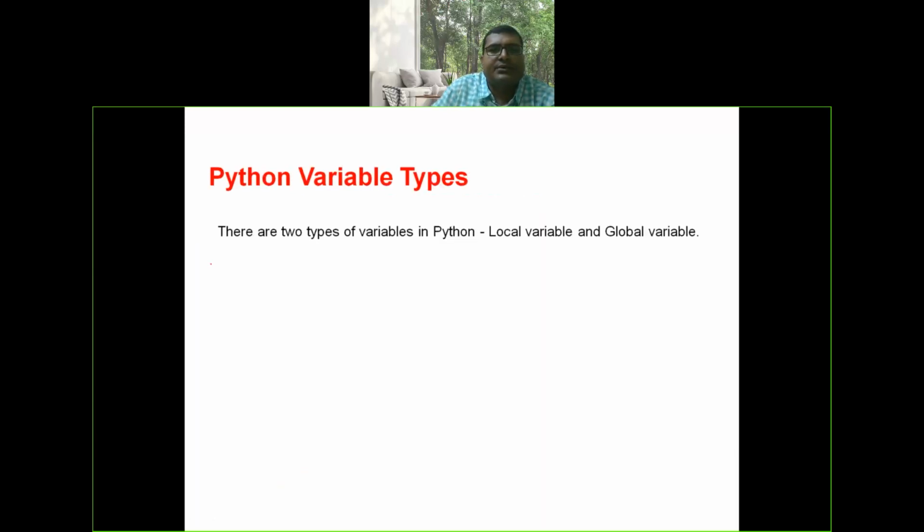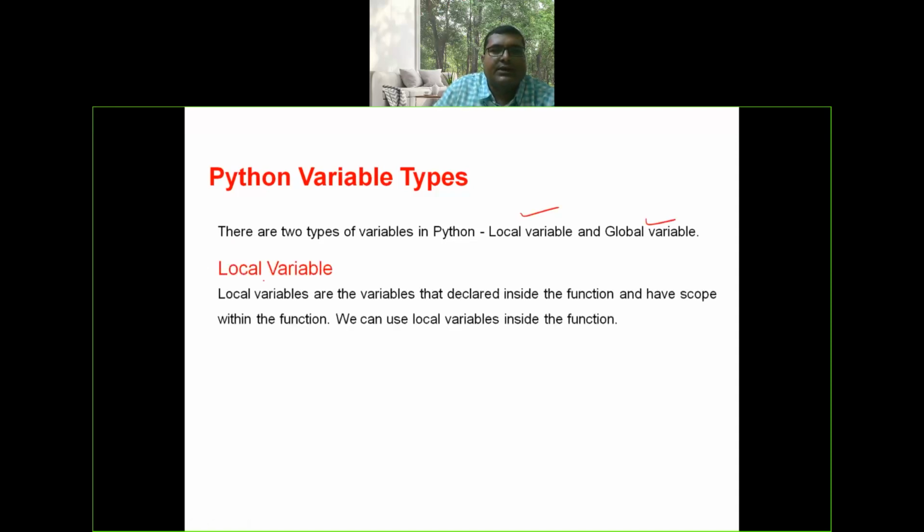Python variable types. In Python programming, two types of variables are there. One is the local variable, the second is the global variable. Local variables are the variables that are declared inside the function, and the scope of the local variable is within the function.